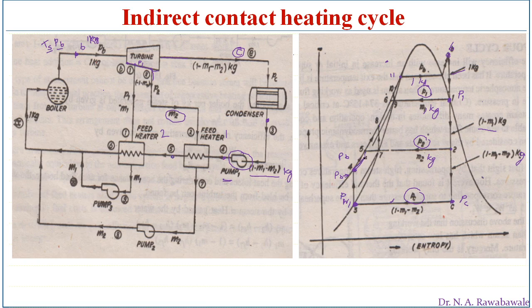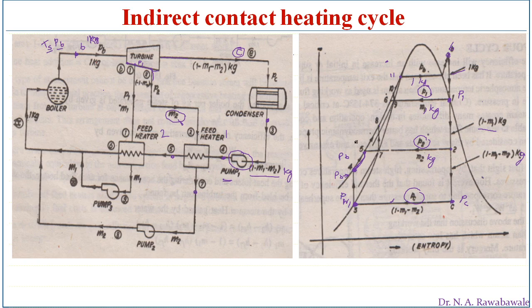After point 4 it enters into the heat exchanger we call a feed heater, and enthalpy changes from point 4 to 5. So it helps us to increase the enthalpy of this condensate from 4 to 5. How is this enthalpy increased? It is at the expense of the enthalpy of this m2 kg of steam. So m2 kg of steam enters this heater at point 2 and comes out at point 7.